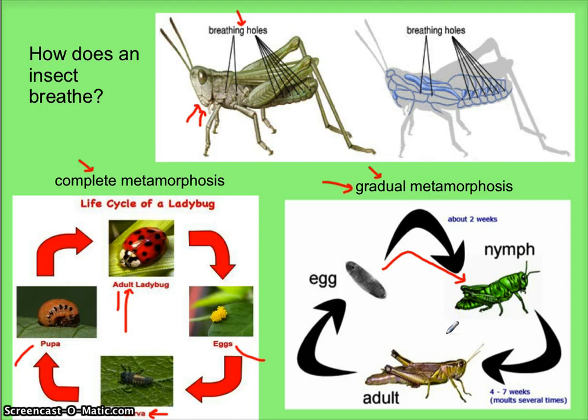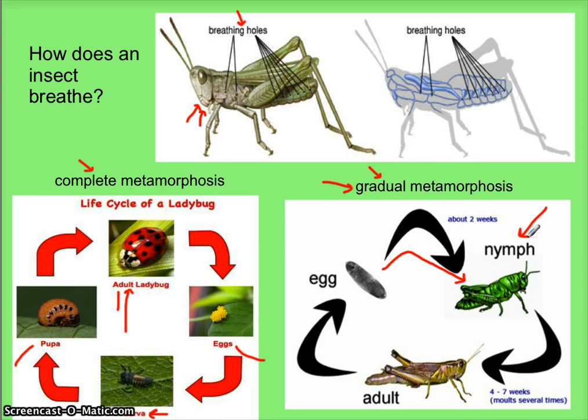But what will end up happening is, if it were to be an insect that had wings, it would come out without wings. And in this case, it doesn't have wings. Well, I guess some grasshoppers do. But regardless, the nymph is going to molt several times.